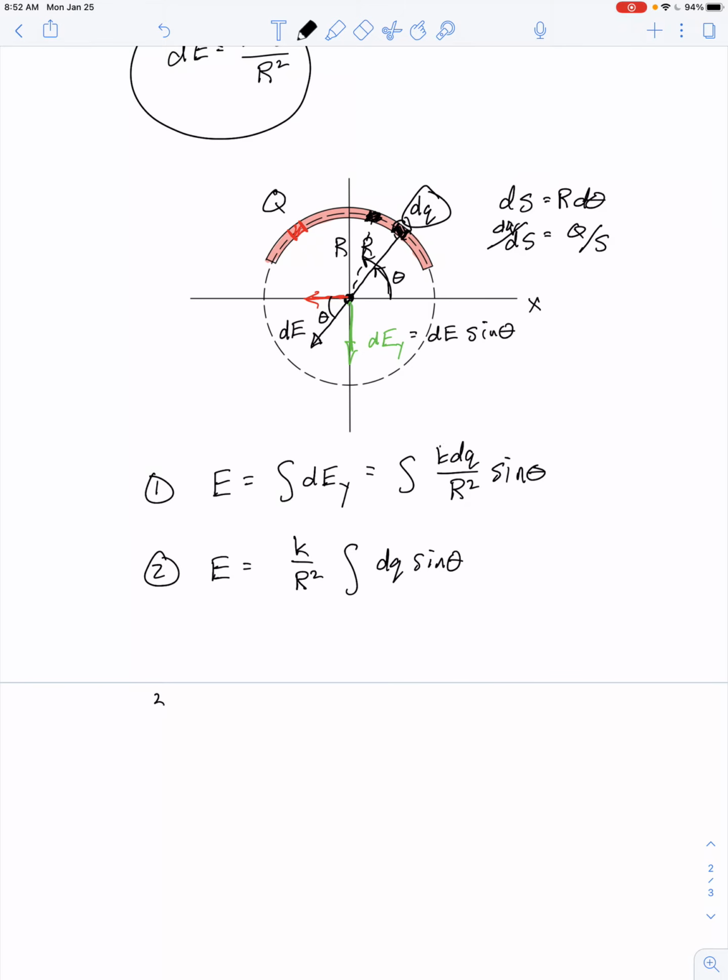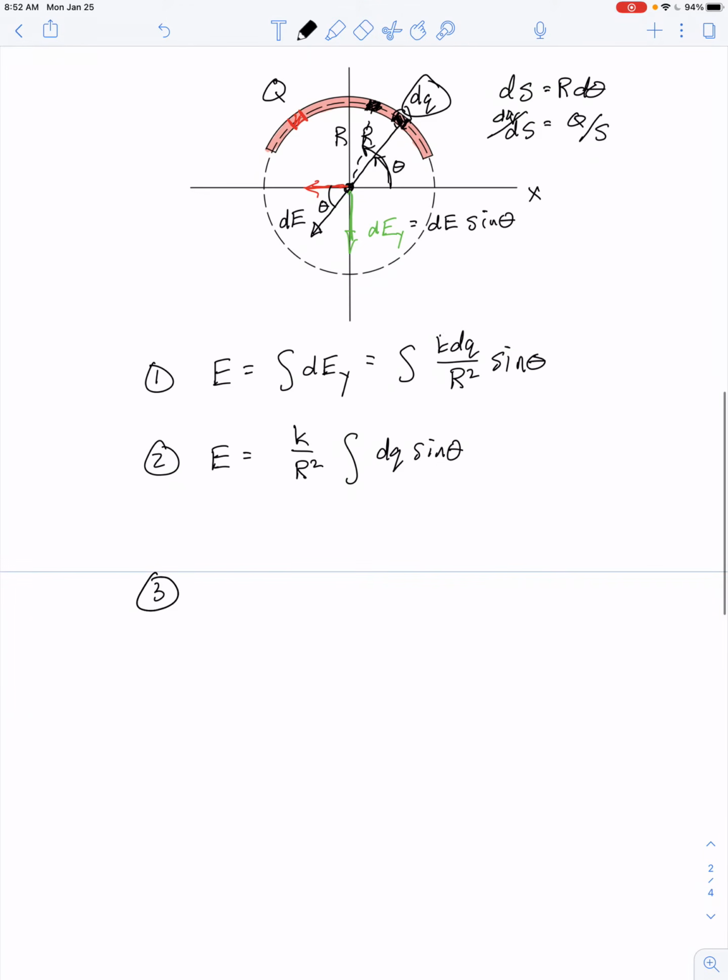So we make a substitution in step 3 and say our electric field is k over r squared times the integral of Q over s times ds. So that's a substitution for dq. We still need to multiply that times sine theta.